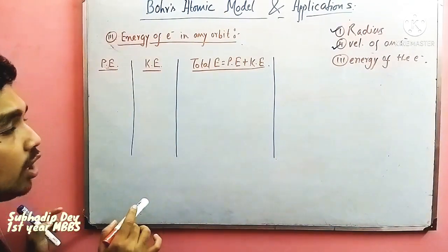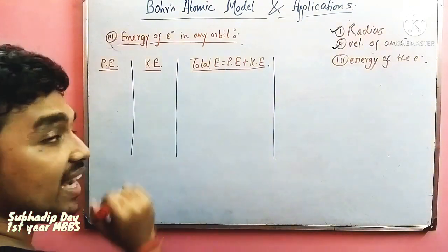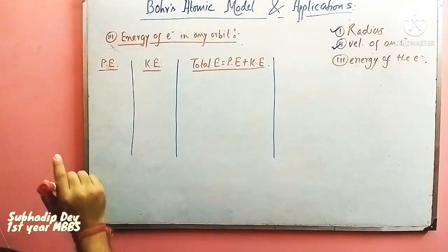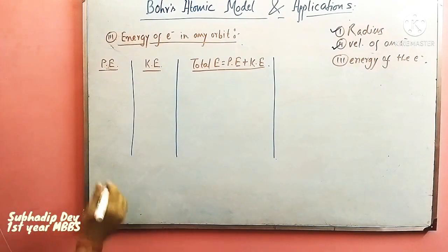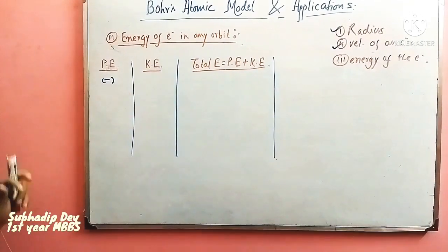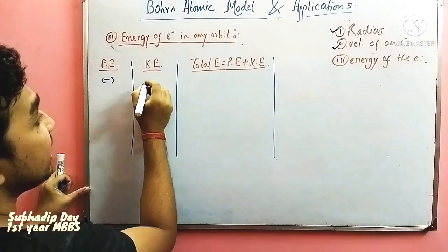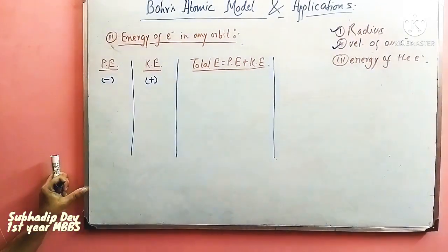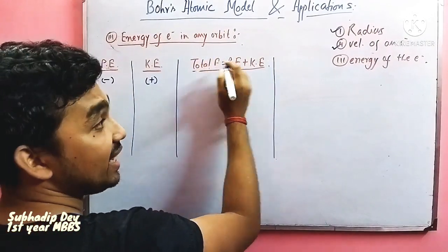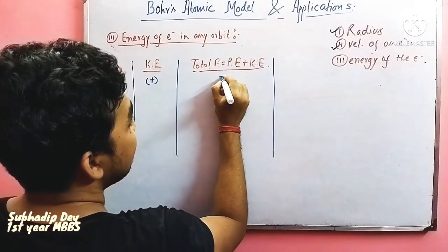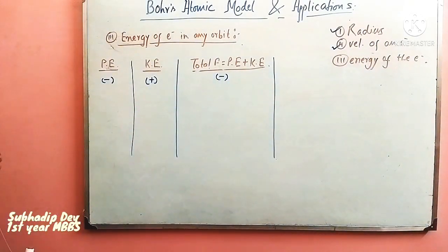And with these two, we will calculate the total energy of the electron. So see very carefully. Remember, potential energy is always negative for any electron, whereas the kinetic energy is always positive. And with these two, the total energy of the electron must be negative always. Remember this idea in your mind.